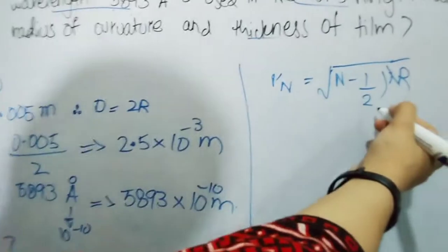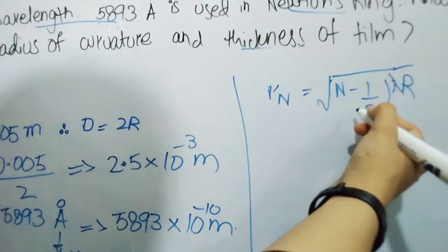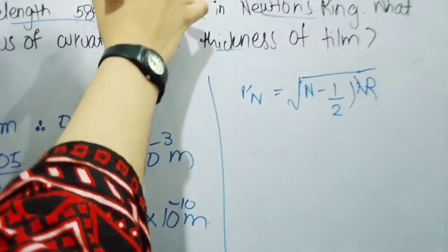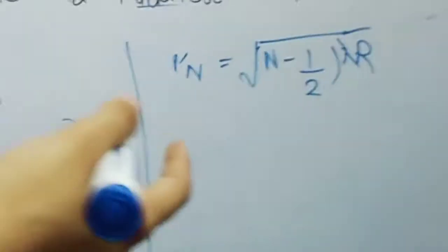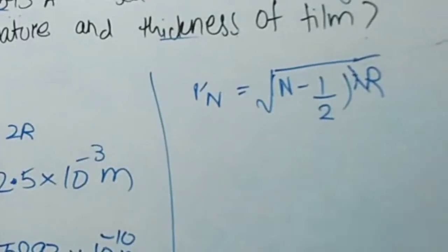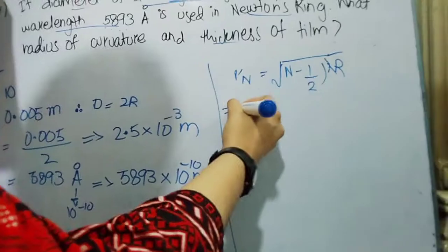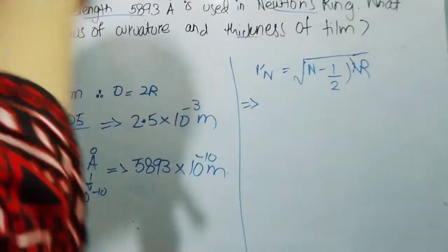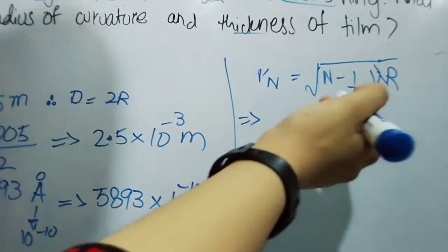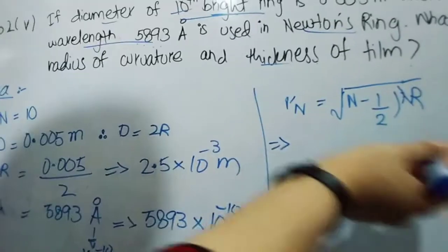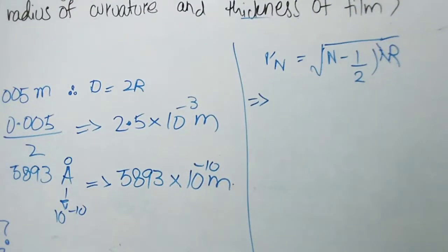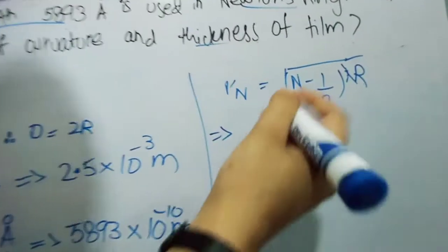I could have used only N lambda R, but because it is the bright ring case, I use the N minus half lambda R formula, and we're just going to substitute the values. We could also make R the subject on the left-hand side and all the rest of the values on the right-hand side, but that is not a convenient process. So what I usually do is write the values first.